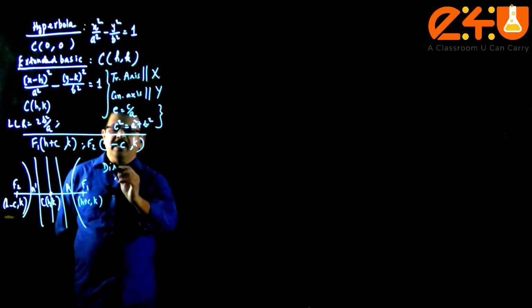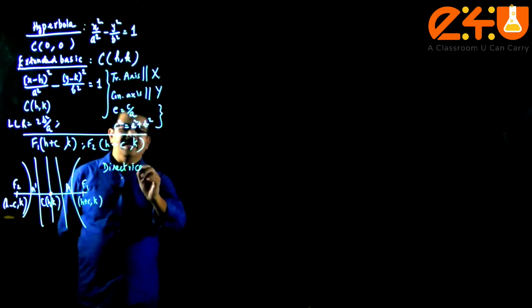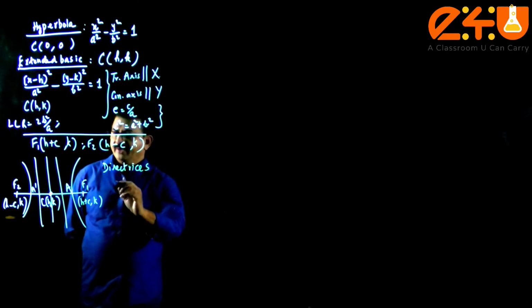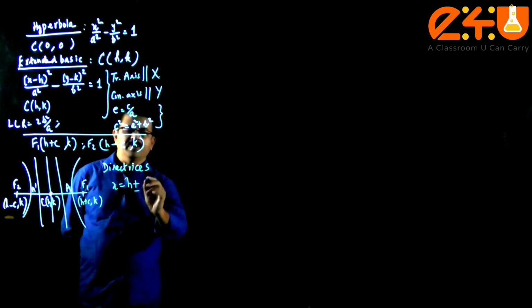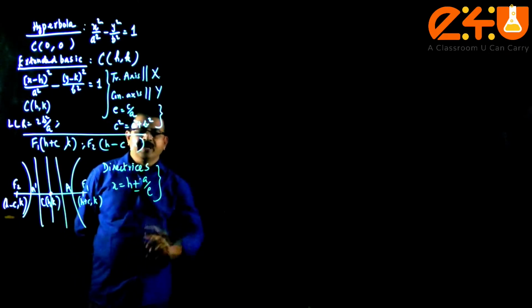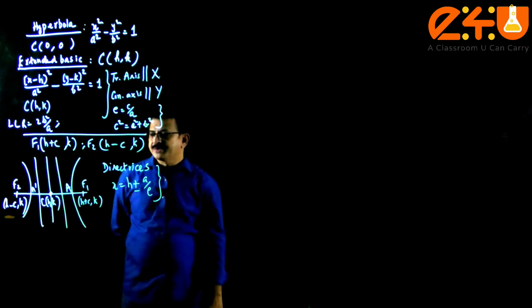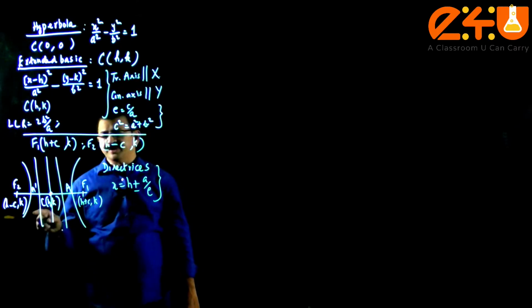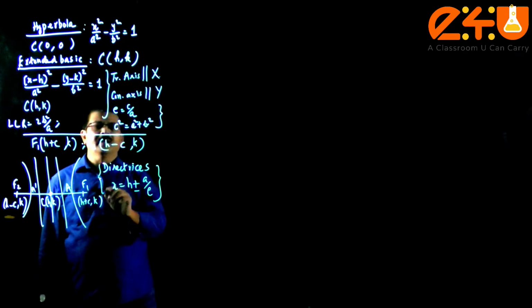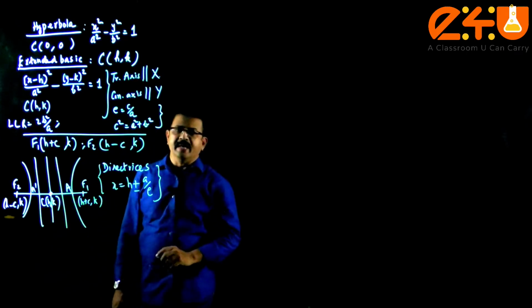And the equation of directrices will be x equal to h plus or minus a by e. So from h you move positive a by e, or you go to the left minus a by e units, and we get the location of the directrices.